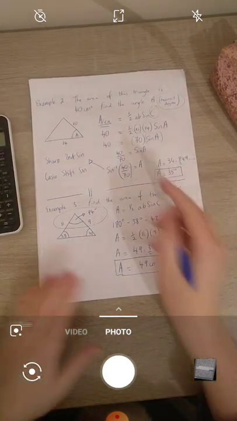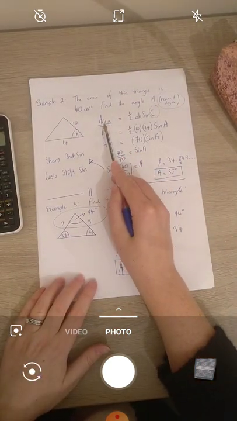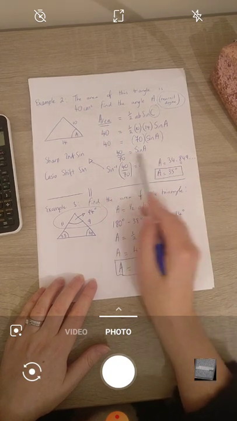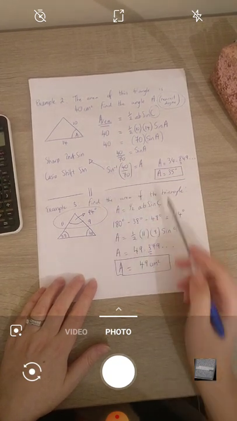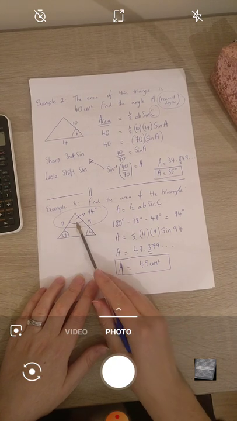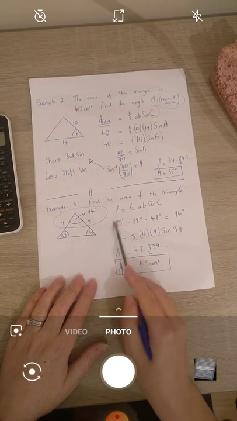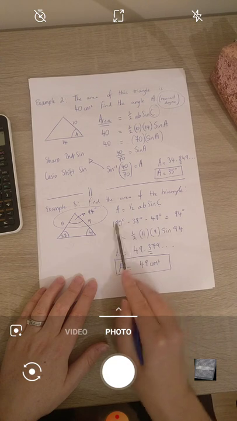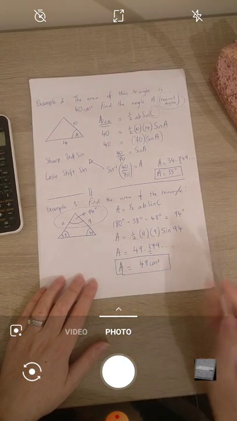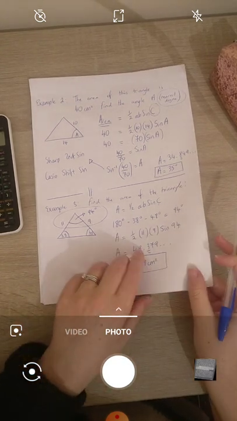The second one is where you're given the area, so you have to end up using the inverse of sine here. And the third one is where you're not given the included angle. So first thing you need to do is work out the third angle in the triangle, and then you're subbing in as normal like you did in the first example.